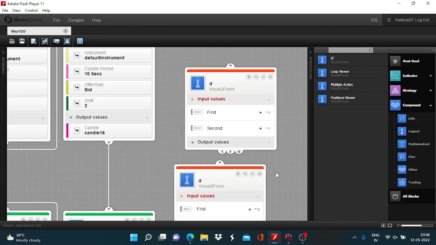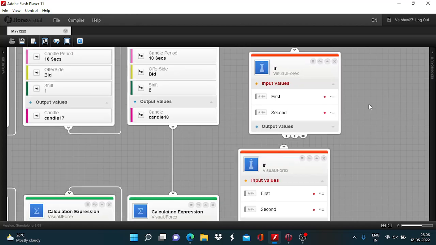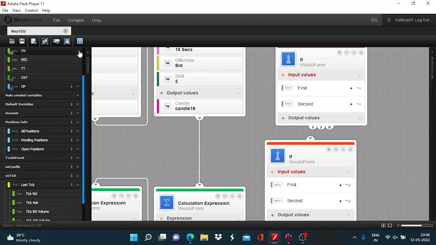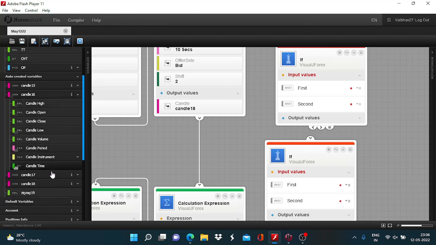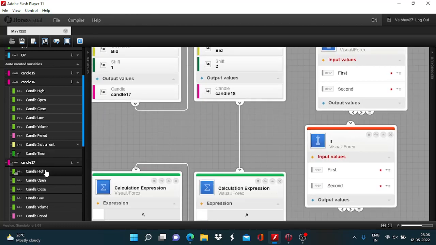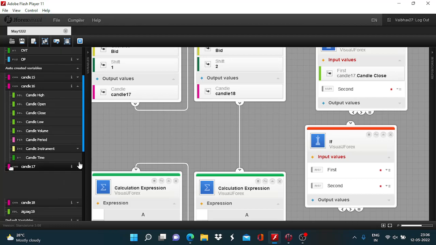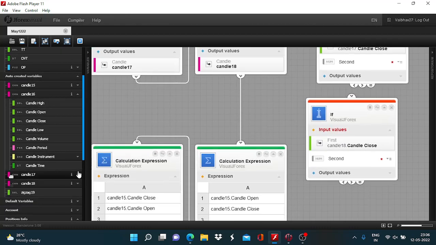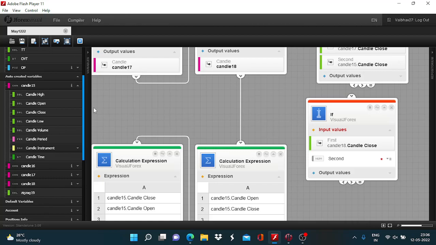So we need these two if blocks, and we take candle 17, candle close, and candle 18, candle close, and compare it with the closing value of candle 15, candle close.